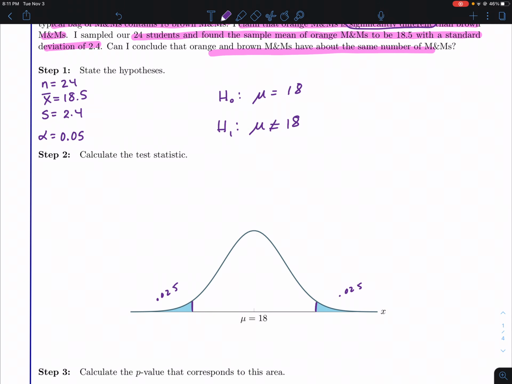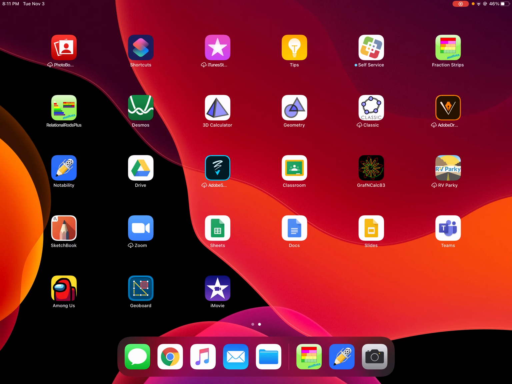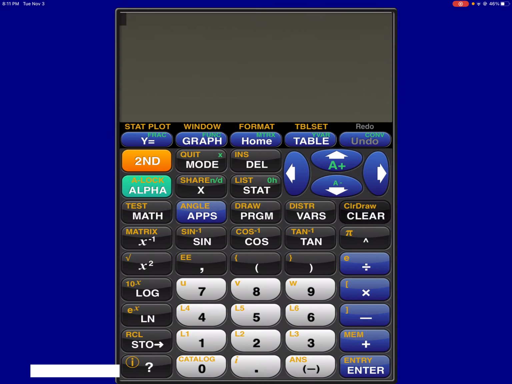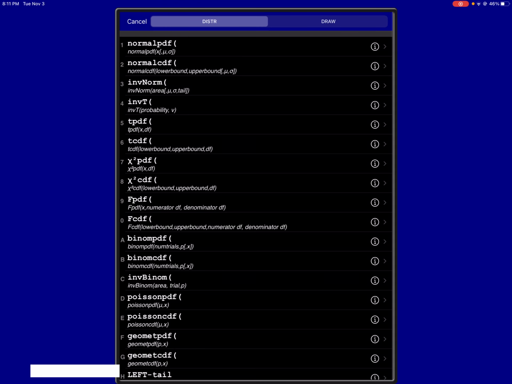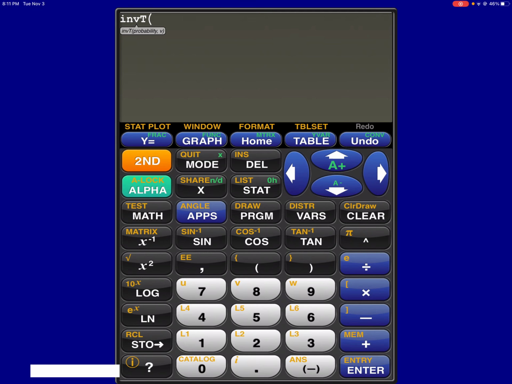I like to do this. It's not necessary, but I think it's kind of fun. If I work backwards and do the inverse t function, second vars inverse t, I want 0.025 for the lower end, comma, my degrees of freedom, which are 23.